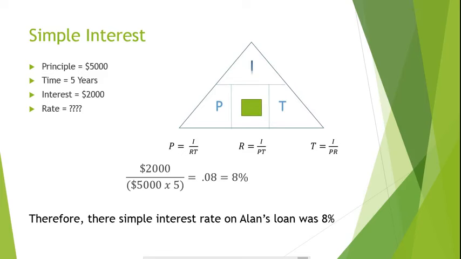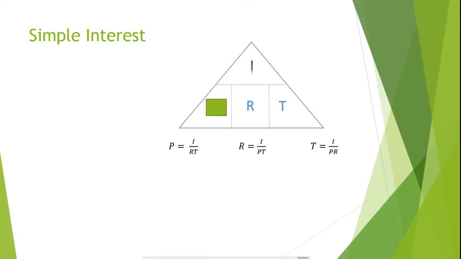Okay, let's try another word problem, but this time we'll solve for the principal. Brenda took out a loan that she paid a 5% simple interest rate on, resulting in her paying a total of $1,500 in interest over the life of the loan, which was for 5 years. What was the principal of the loan?